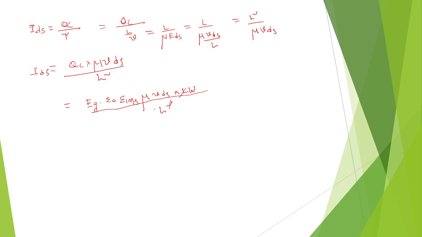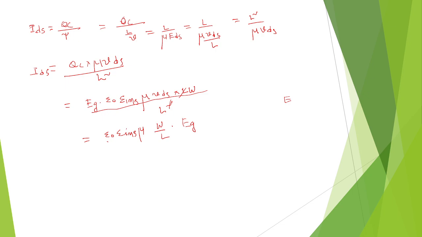So L square and L cancel. The remaining is epsilon naught, epsilon INS, and mu by L, W by L, multiplied with EZ, the electric field across the gate.